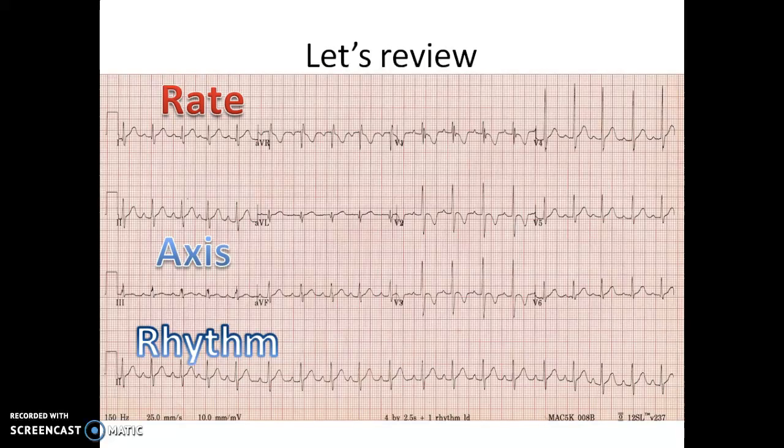Correct, the axis. Now, in utero, because of the way the heart pumps blood, the right ventricle is predominant. And in neonates, the right ventricle is still the main workhorse of the heart. Therefore, the axis is rightward.